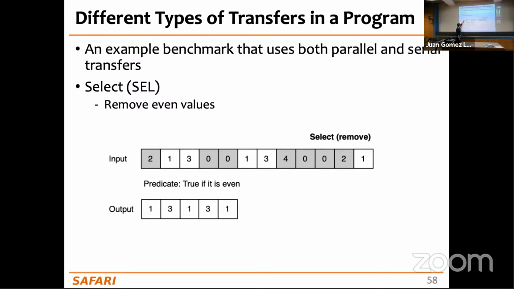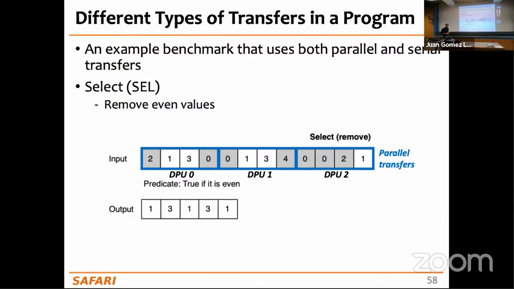We don't copy from the input to the output. Imagine that we have 3 DPUs in our system. We can do uniform partitioning of the input and assign the same number of elements of the input array to the different DPUs. Because these chunks are of the same size, we can use parallel transfers.